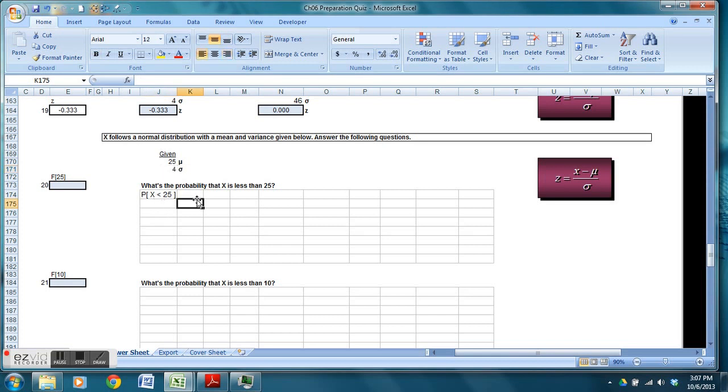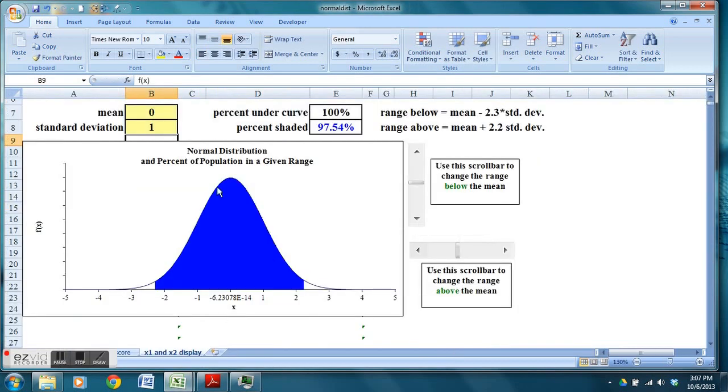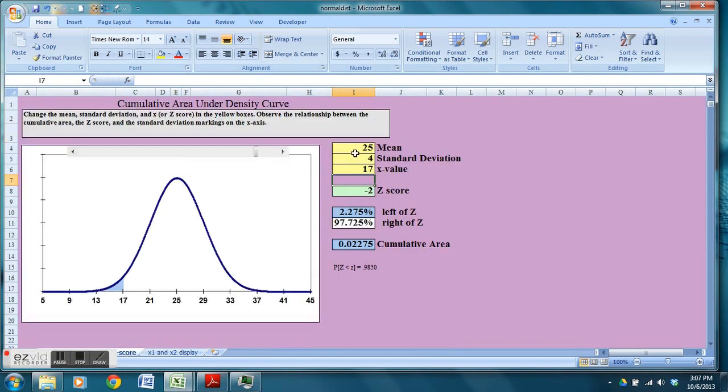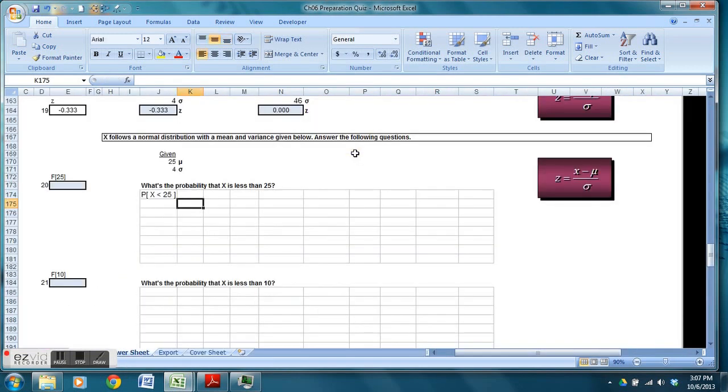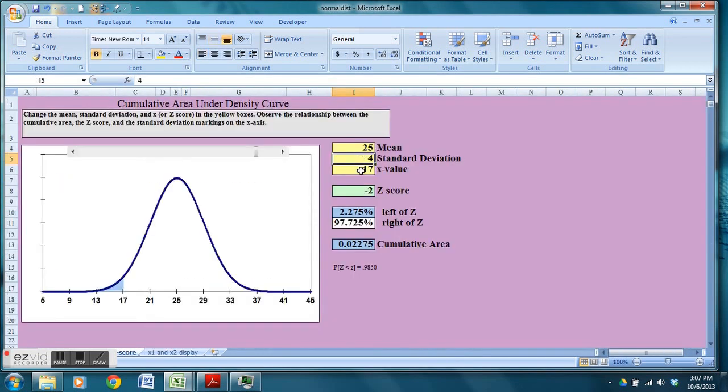And so step 1 is to draw what we want. So we have a mean of 25, standard deviation of 4, and we're interested in the x values. You draw your curve, put 25 in the center, and then you find the point that you're interested in.